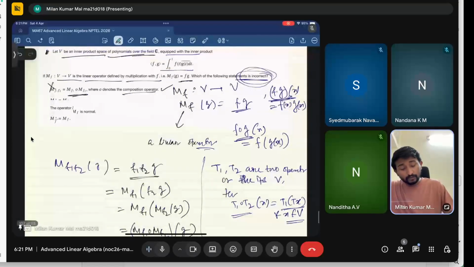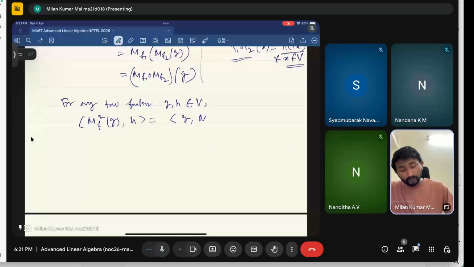That has to be equal to g at f dot h, and by the inner product rule, integral from 0 to 1 of g(t) f(t) h(t) bar dt.